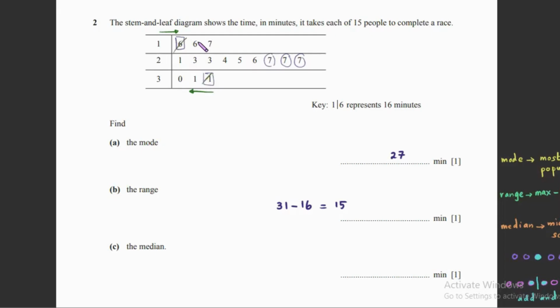Smallest, largest, smallest, largest. Likewise, we cross them out, until we are left with this 5. This is going to be the median. This 5 represents 25. So 25 is our median.